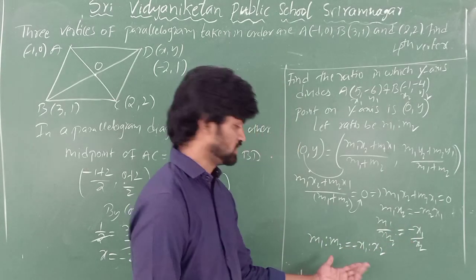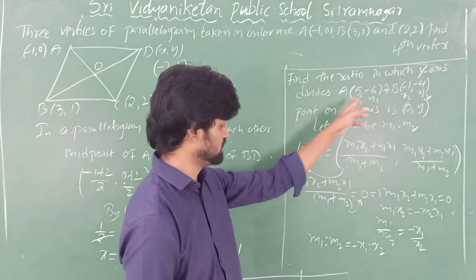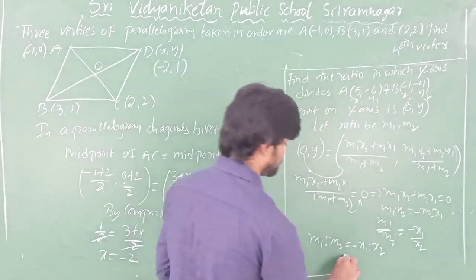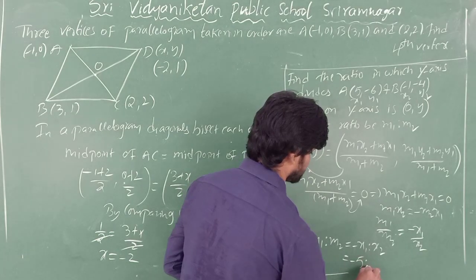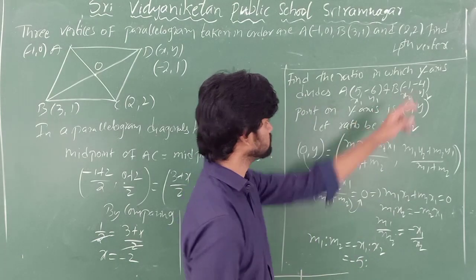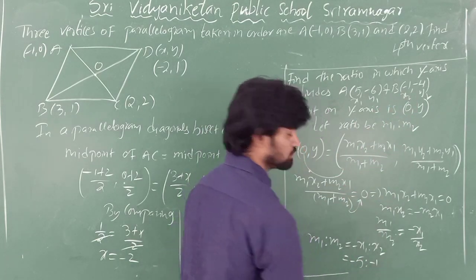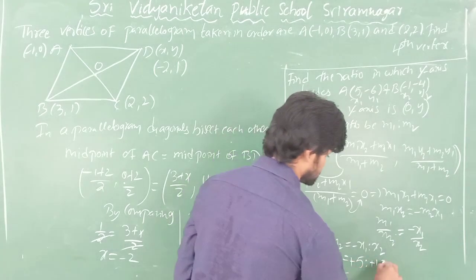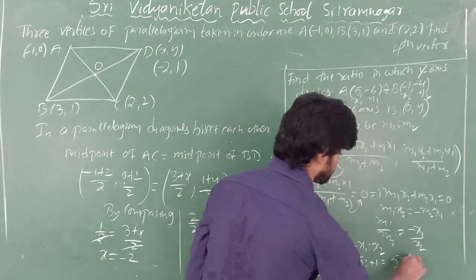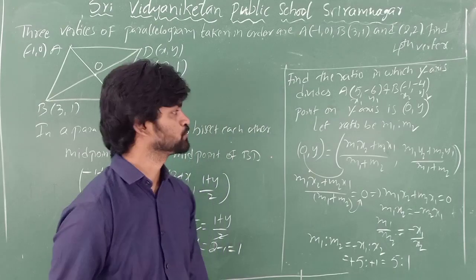Very important. Now directly we can write: x1 is 5, x2 is minus 1, so minus 5 is to minus 1. The minus signs get cancelled, and the ratio is 5 is to 1.